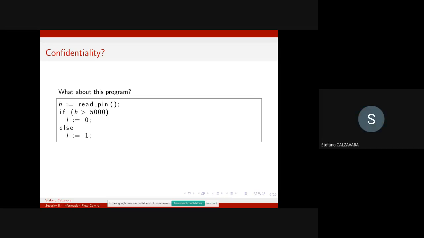Okay, does anyone think that the program should instead be secure? Okay, this program is not secure.